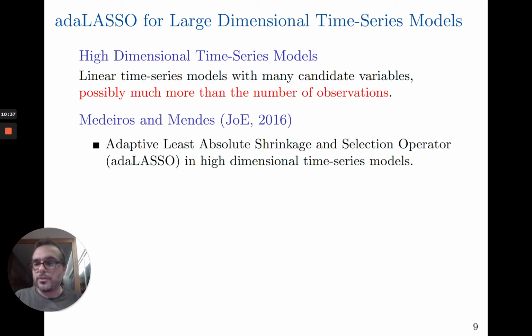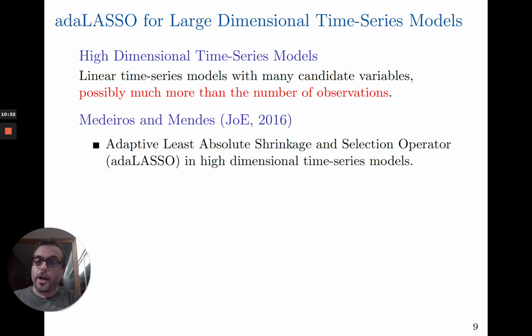Why the adaptive lasso and not the lasso? Because the lasso requires the irrepresentable condition, and we want to avoid it. We want to consider cases where our variables are highly correlated.